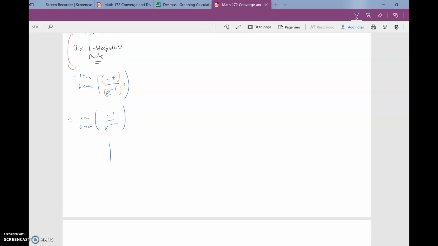And this specific one, because of the negative, it's going to actually come from the bottom, and it's going to go in this direction. So let me see.